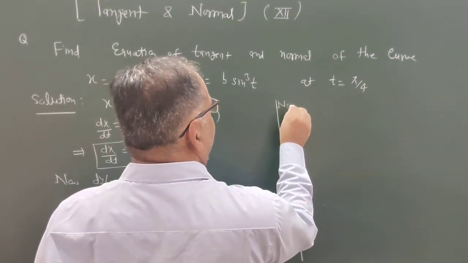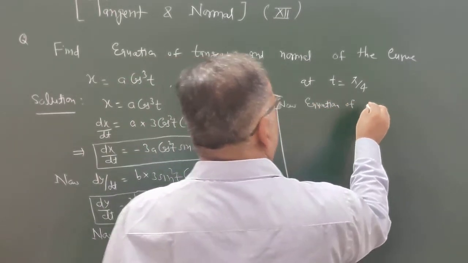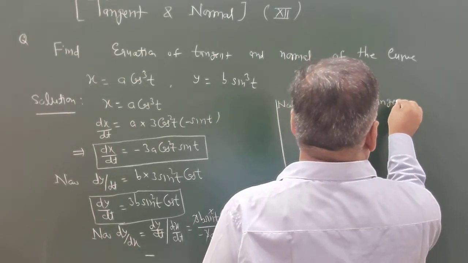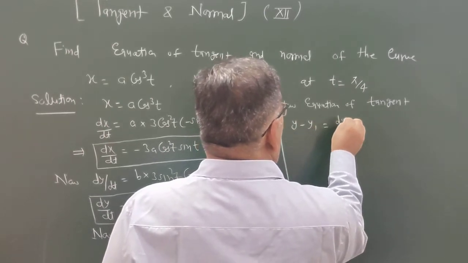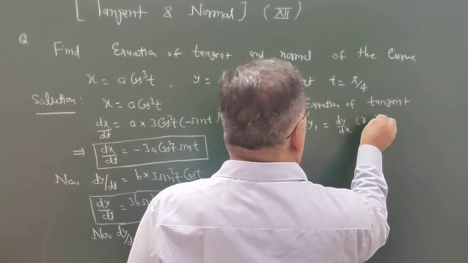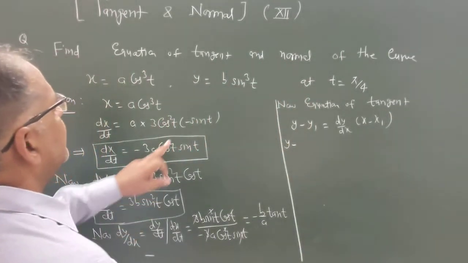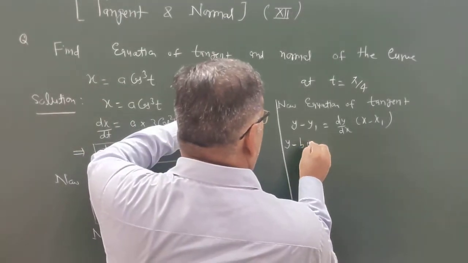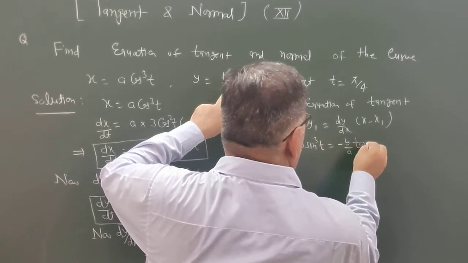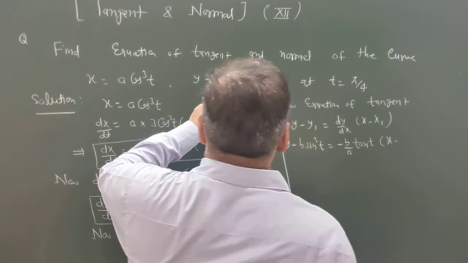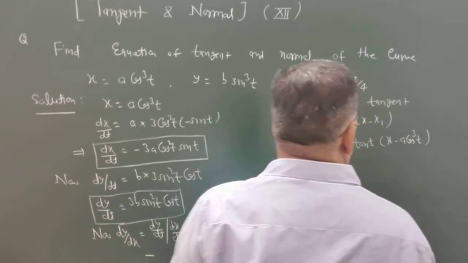Now the equation of tangent: y minus y1 equal to dy over dx into (x minus x1). That means y minus y1, meaning the value of y, b sin cube t, equal to minus b upon a tan t, into x minus the value of x1, meaning x, a cos cube t.